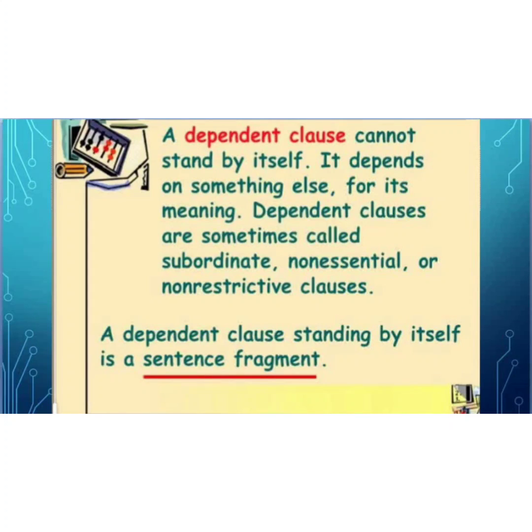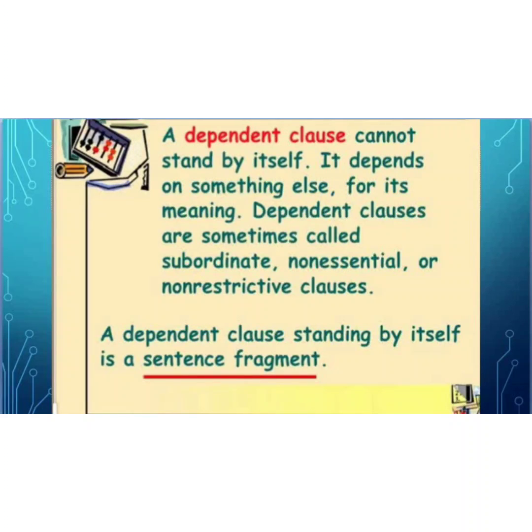Types of clauses. Clauses can be better understood with the help of two types. Dependent clause. A dependent clause in a sentence cannot stand alone. It is not meaningful if it is standing alone. Dependent clauses are sometimes called subordinate clauses, non-essential clauses, or non-restrictive clauses.